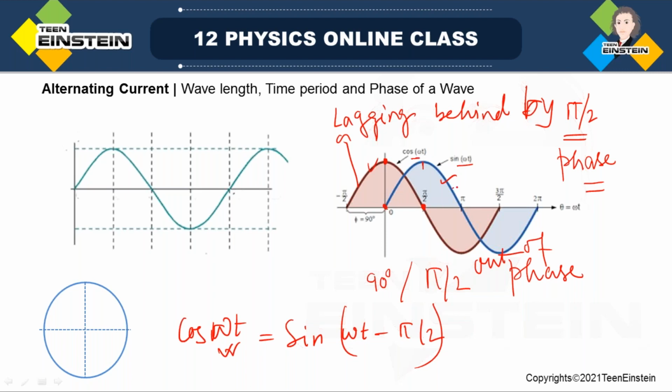In the other way, I can say the sine wave is leading over the cosine wave by 90 degree or pi by 2 phase. One will be called the lagging wave, another one the leading wave. This is how we have to term it.